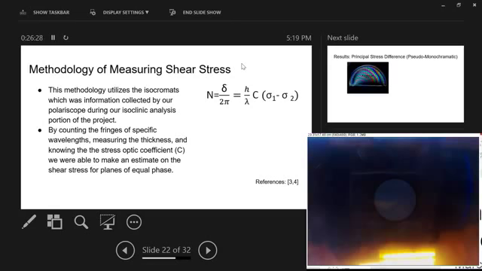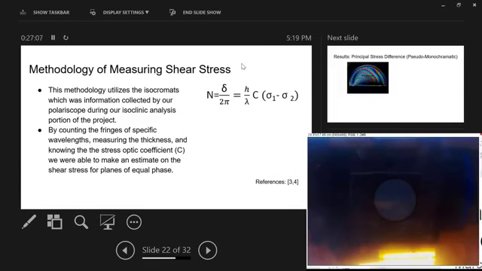Because most of the objects we have are of unknown construction, it's difficult to know what the C value is. But we were able to obtain a source that gave values for this stress optic coefficient for a variety of plastics, which, everything that we've looked at so far is plastic. So those values we decided could be used to determine this sigma 1 minus sigma 2 value. Shear stress. Shear stress, yes.